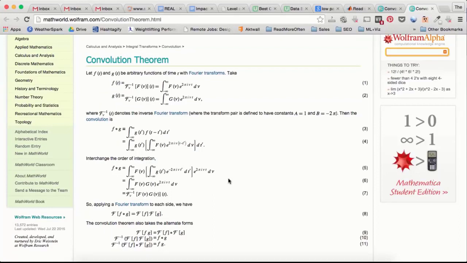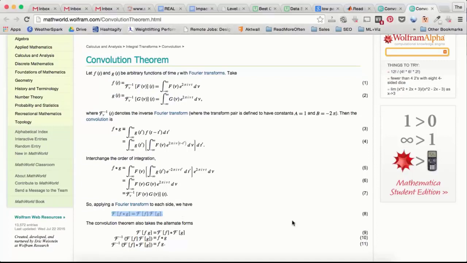But the other way we could do it is, since convolution in time is equal to multiplication in frequency, we could take the Fourier transform of both signals first, multiply them, and then do the inverse Fourier transform to go back to the time domain. And that would be equivalent to doing convolution.